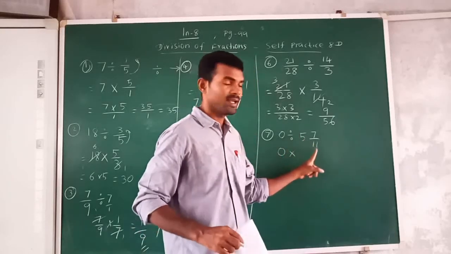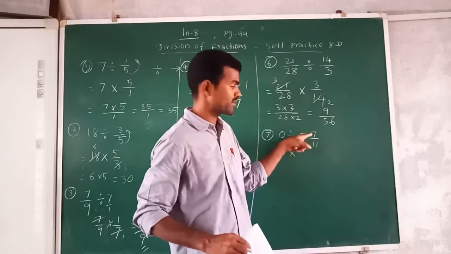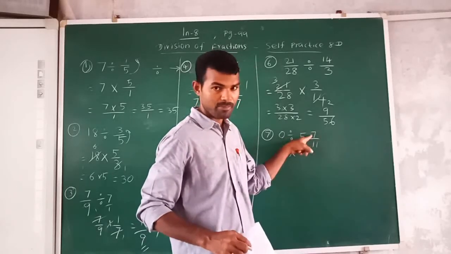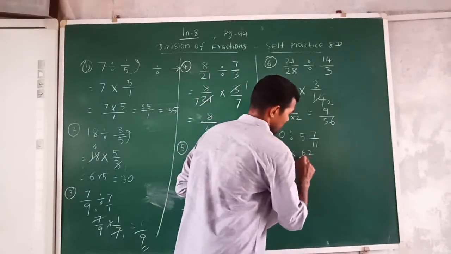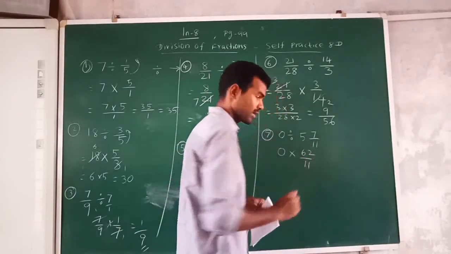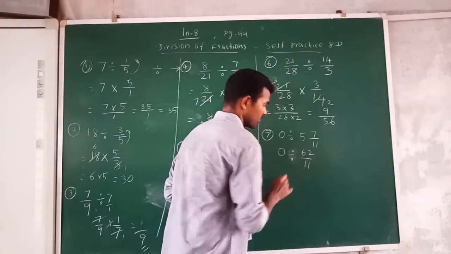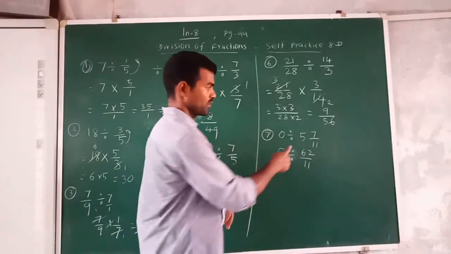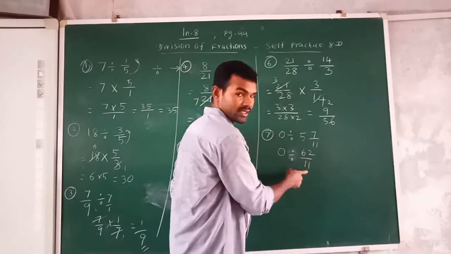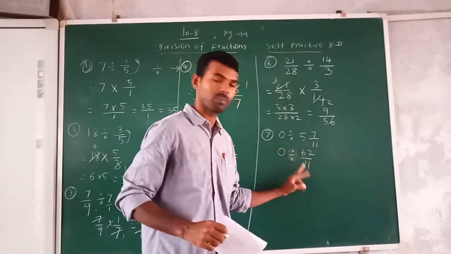So 5 multiplied by 11 is 55. 55 plus 7 is 62. So 62 by 11. No need to change now, next step we will change. First, change the mixed number into improper.